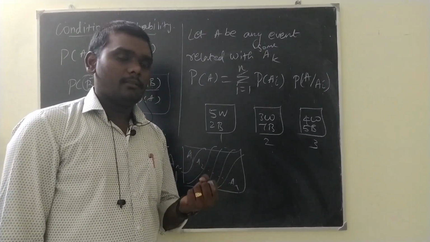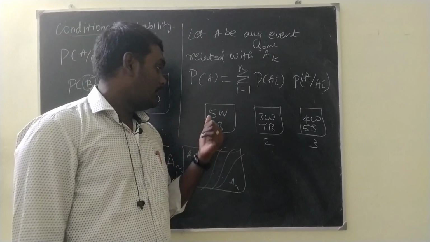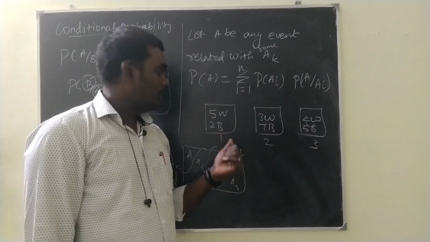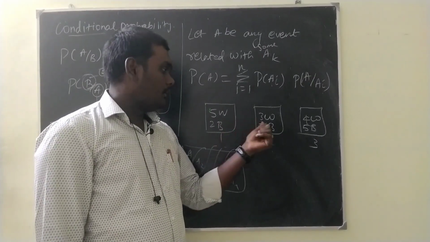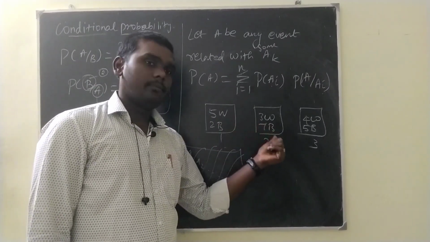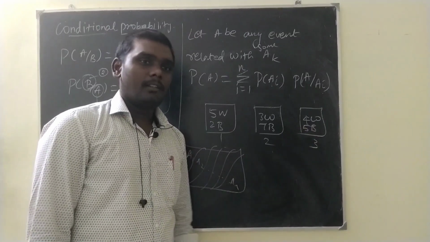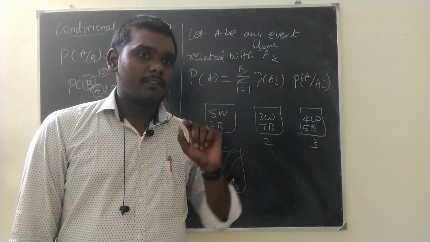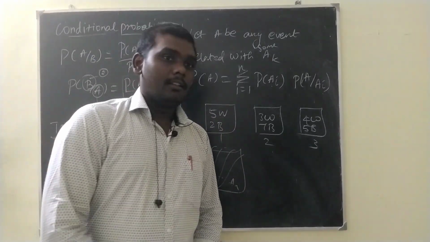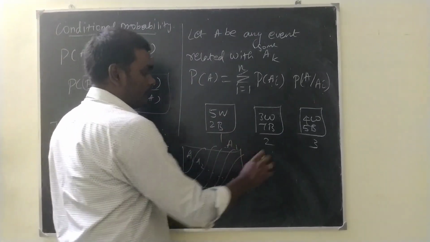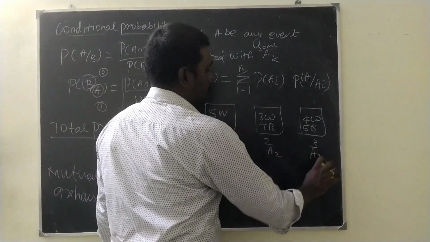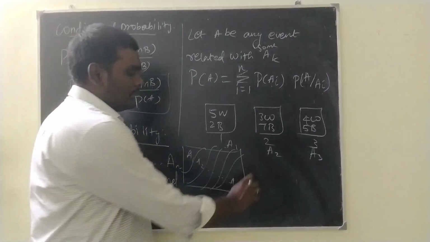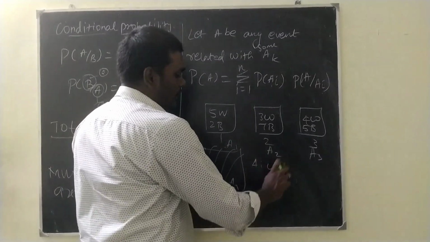How will we calculate? First we should understand which box we are choosing. That may be the first box, second box or third box. So before choosing a white ball, we are choosing the box. That is what A1, A2, A3 are here. Then what is A? A is choosing a white ball.